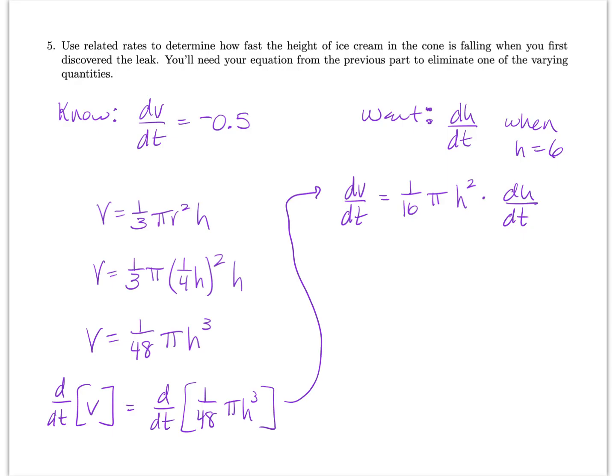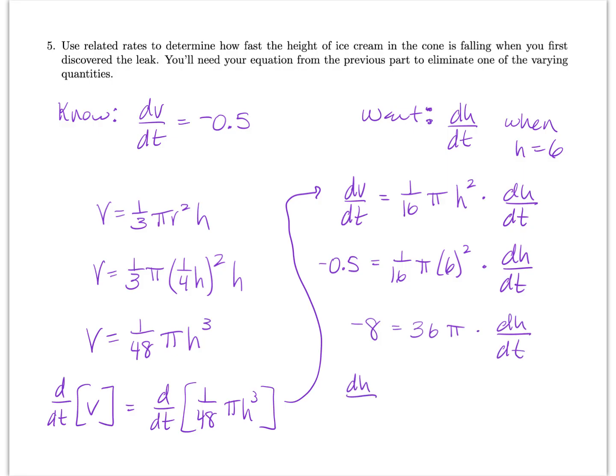So dV/dt is negative 0.5. I'm curious about the moment in time when h is 6, and I want to solve for dh/dt. So multiply both sides by 16. So I have negative 8 equals 36 pi times dh/dt, and then divide both sides by 36 pi.